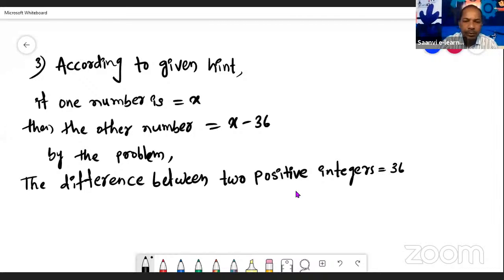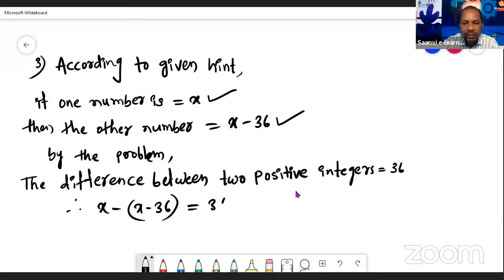The difference between two positive integers is given as 36. So what are the two positive integers? One integer is x and the other integer is x minus 36. Difference means minus. That is equal to how much is given? 36.